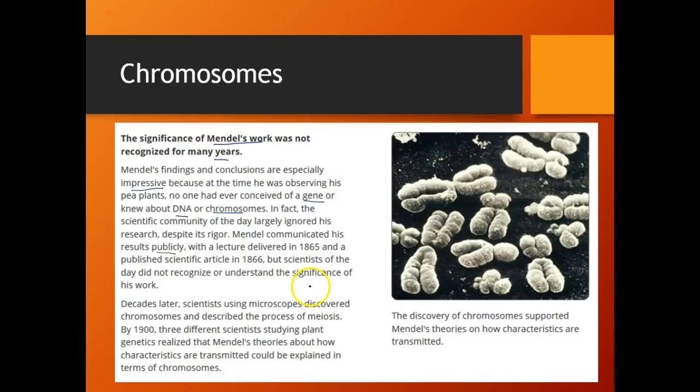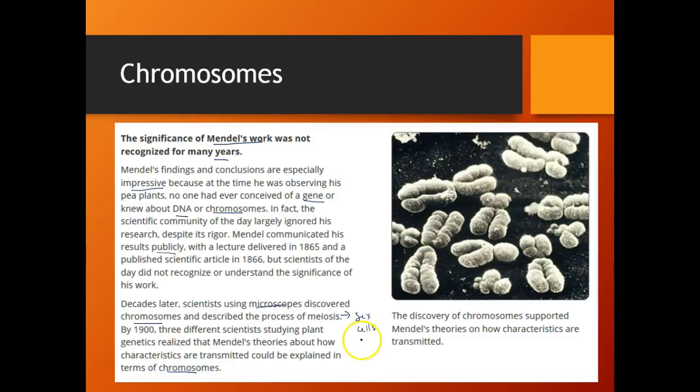Decades later, scientists used microscopes, discovered chromosomes, and described what the process of meiosis is, which is basically when you create those sex cells. By 1900, 3 different scientists studying plant genetics recognized that Mendel's theories about how characteristics are transmitted could be explained in terms of chromosomes.